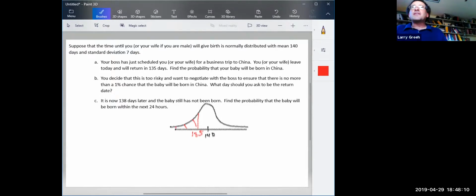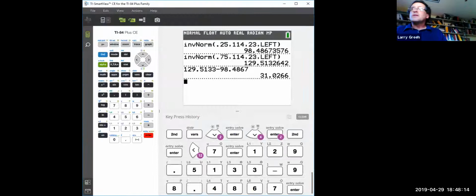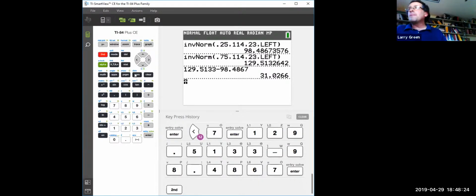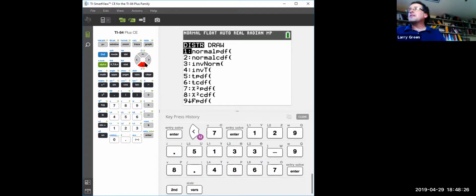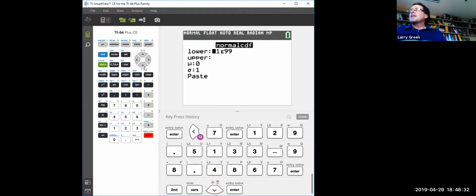All right, now it's time to get to the calculator. So I go to the calculator, and here I'm given the value of x, and I want to find the probability. So this one, second distribution, it's normal CDF. I hit enter. My lower bound, I could call it 0, because that's today.